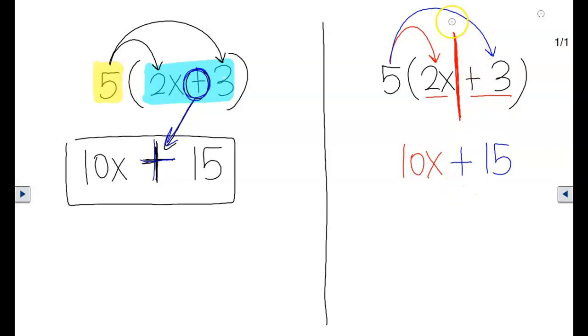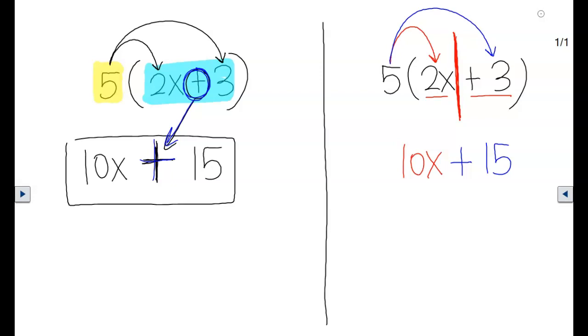I looked at my group and I split it into its two parts. There was a 2x and there was a positive 3. And then I multiplied 5 by each of those members. 5 times 2x was 10x. And then 5 times positive 3 was positive 15. So I wrote plus 15 for my positive 15. But it's the same answer. It's just a different way of approaching it.